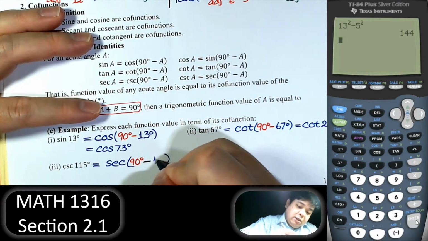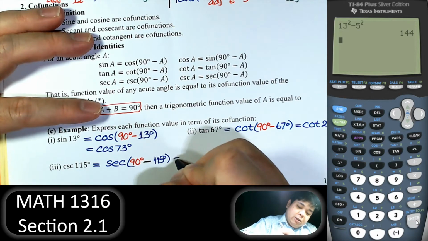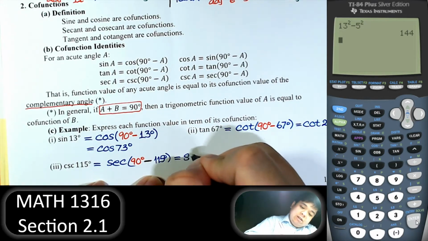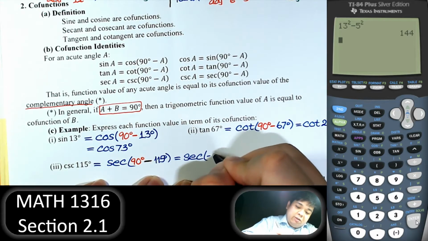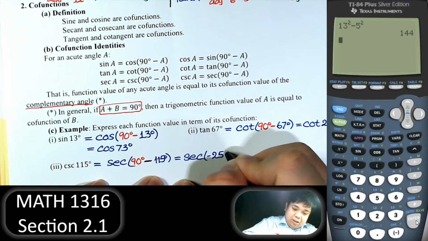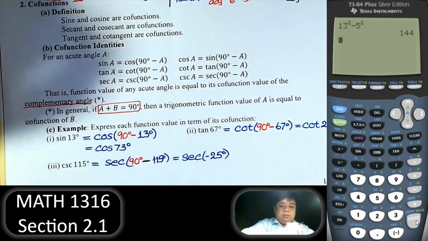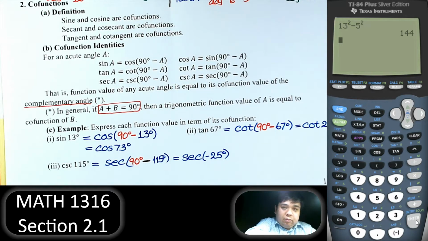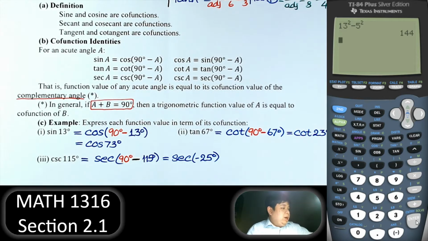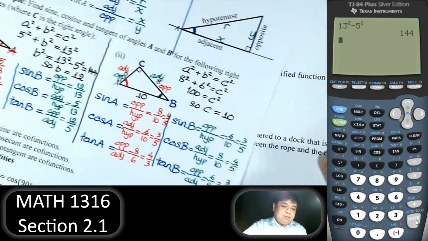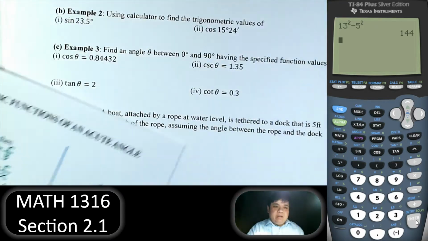In general, that still works. That gives us secant of 90 minus 150, that is minus 25 degrees. So it doesn't have to be an acute angle as long as they add up to 90 degrees. Right, so simple enough.